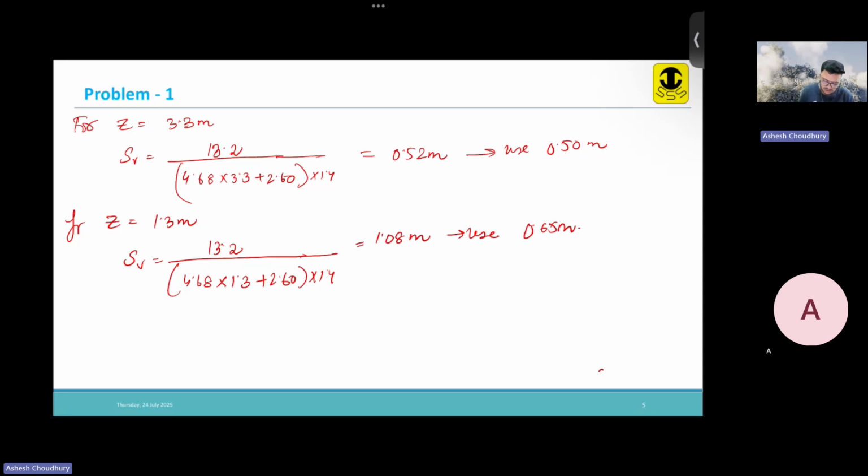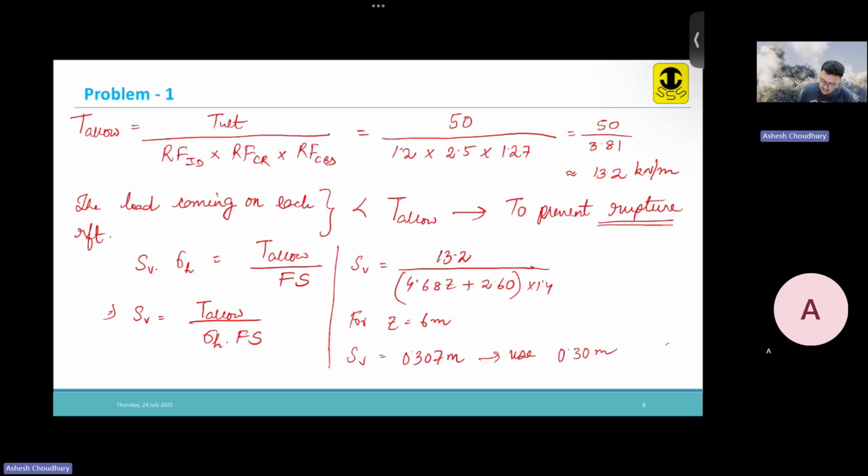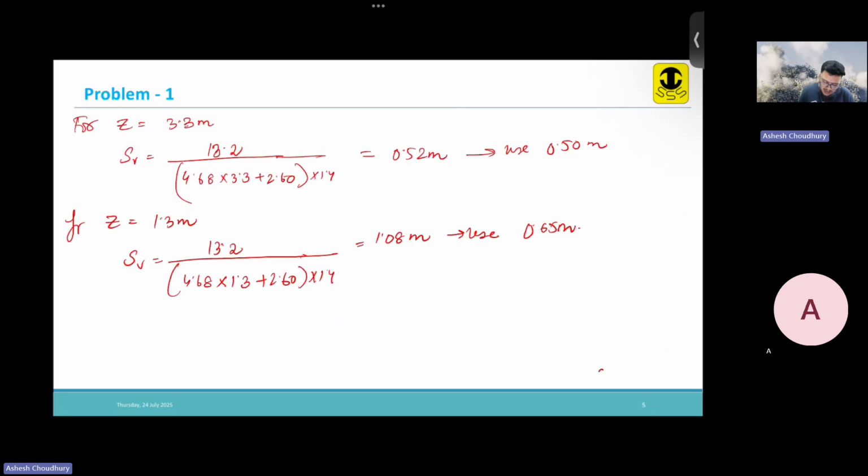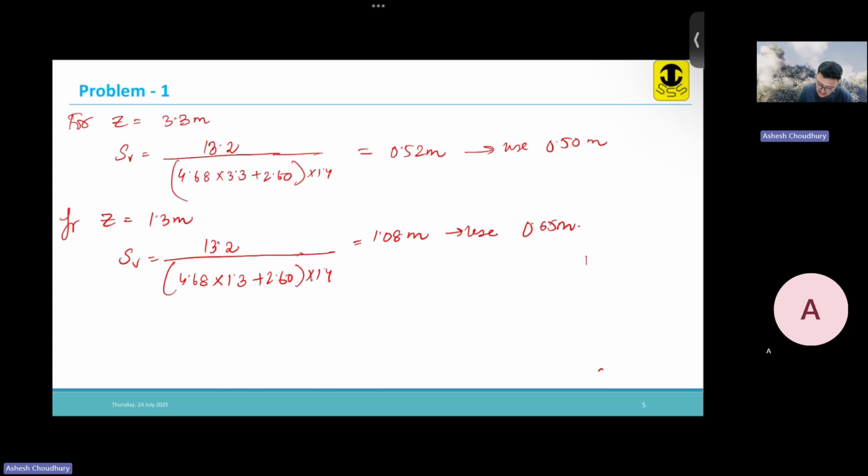Because see, initially at 6 meter depth, we are using 0.3 meter spacing. And at 3.3 meter, we are getting 0.5 meter. Now my total height is 6 meters. So this is the 0 level, this is the 6 meter level.